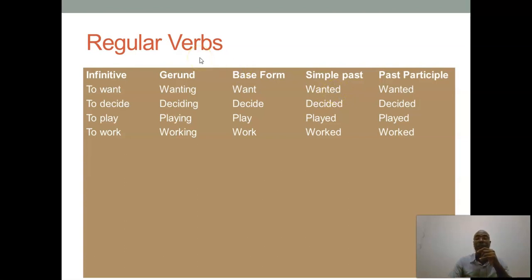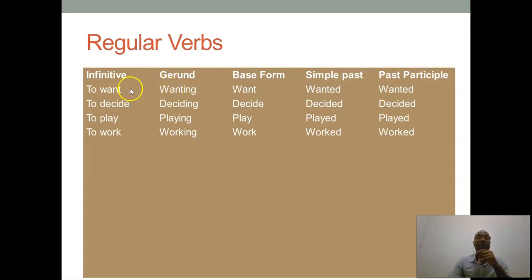All right, so we're going to look at that later. But first, let's look at the verb forms. Now, I listed 5 verb forms here for you. The infinitive is when you have the verb with to in front of it. For example, to want is the infinitive. Wanting is the gerund.